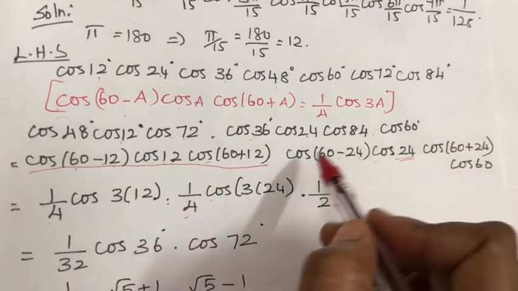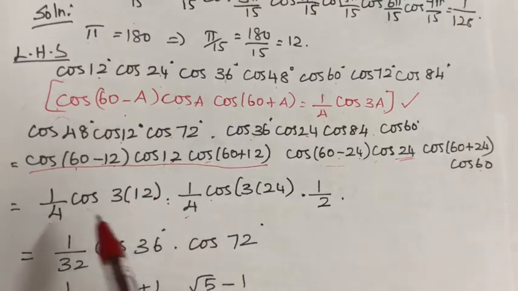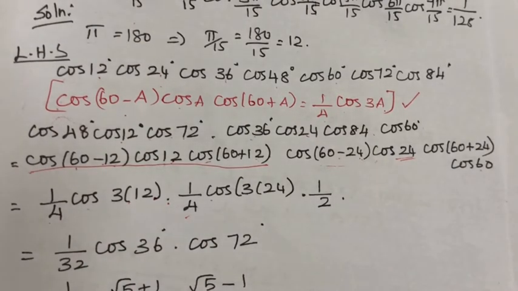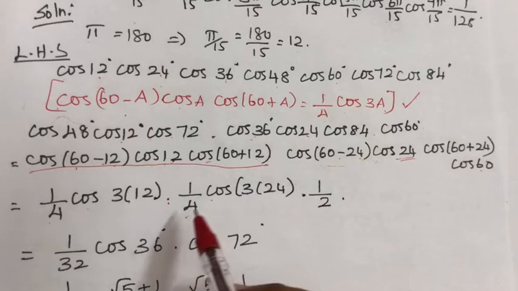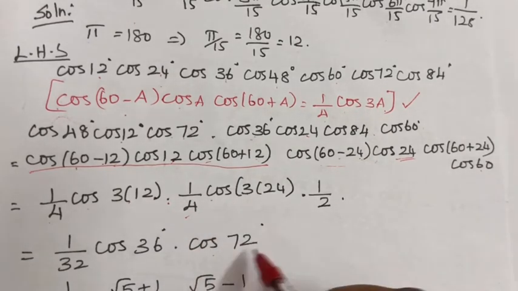Here in this step we used this identity. Okay, so 1 by 4 into cos 3 into 12, that is 3 12s are 36. Similarly 1 by 4 into cos 72.